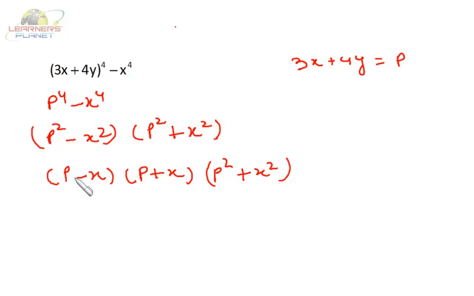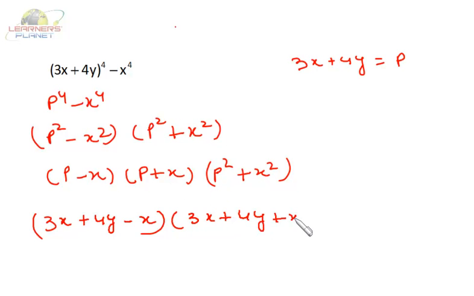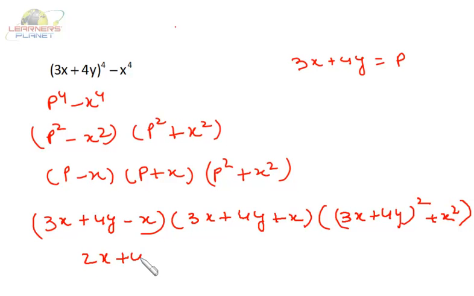Now we can replace the value of p over here. It's 3x plus 4y minus x. Then it is 3x plus 4y plus x. Then it is 3x plus 4y whole square plus x square. So it's 3x minus x is 2x plus 4y. Then it is 4x plus 4y.